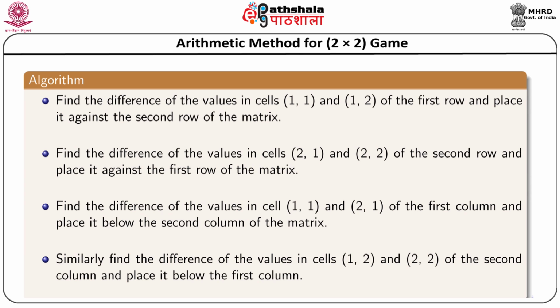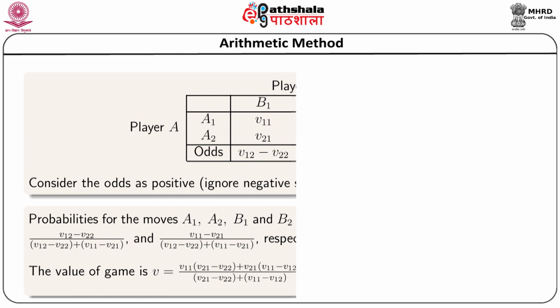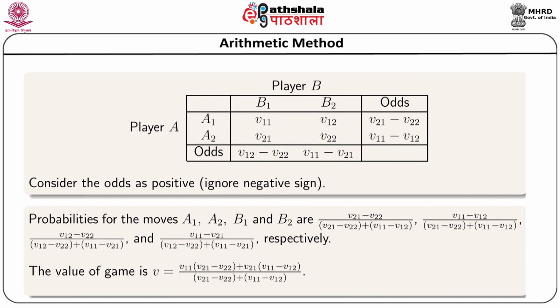Similarly, find the difference of the values in cells 1 2 and 2 2 of the second column and place it below the first column. In finding these differences, we should always consider the positive values, that means we ignore the negative signs.